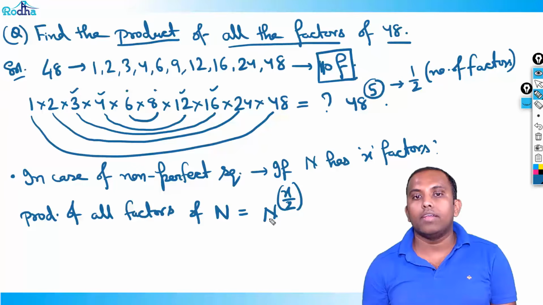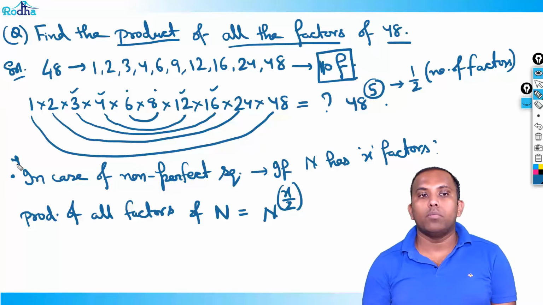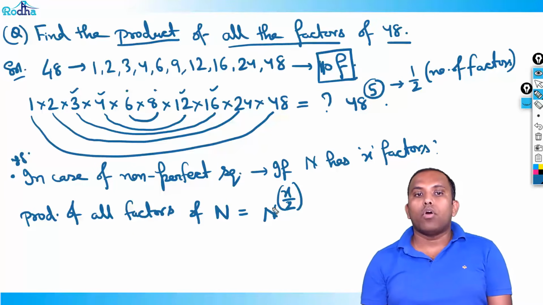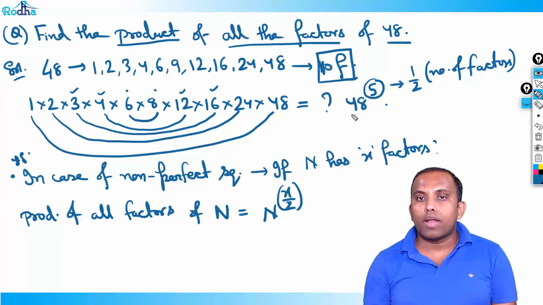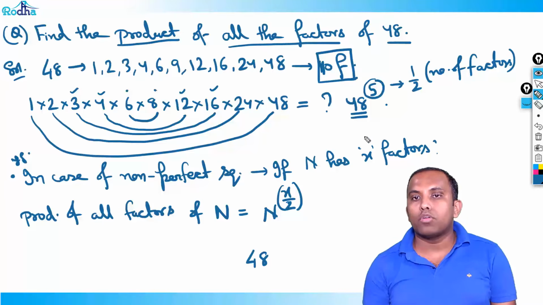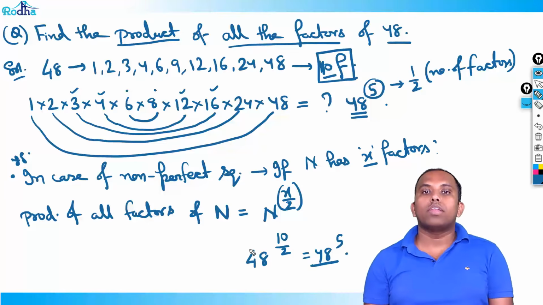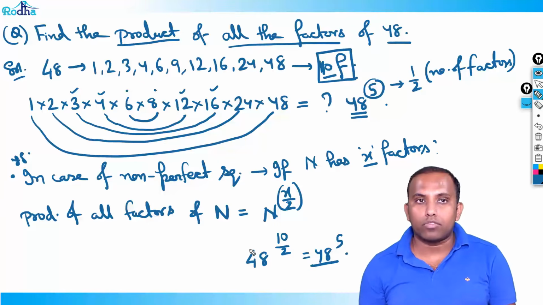Very important: the product of all the factors of n is equal to n raised to x by 2. Like here, the product of all the factors of 48. So n here is 48. N has x factors, and 48 has 10 factors. So 10 by 2, that is 48 raised to 5, is the answer. This is for every non-perfect square.